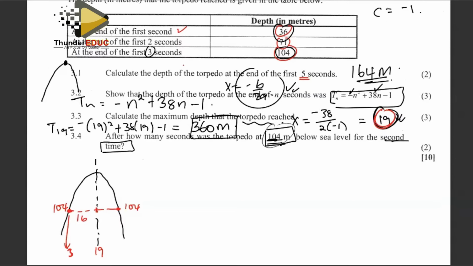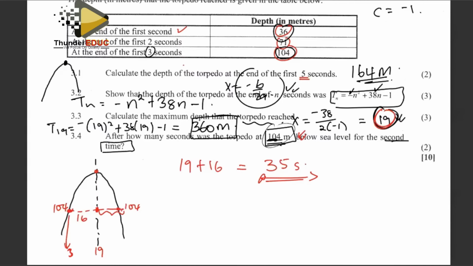And if that is true, that this is 16 units, meaning that we also must have 16 units on this other side. So what is 19 plus 16? Okay, 19 plus 16, we end up with 35 seconds. So at 35 seconds, that's when we have the second 104.